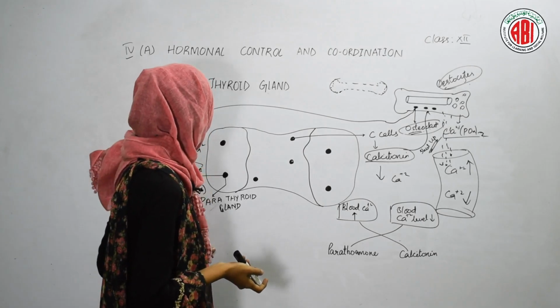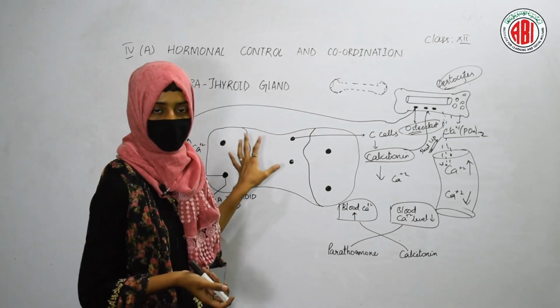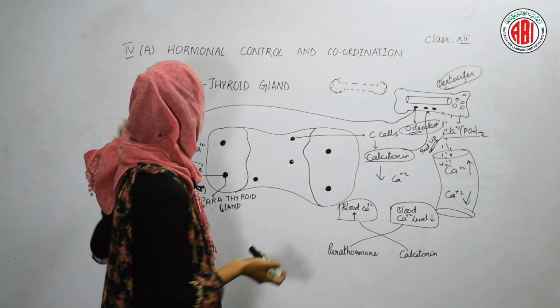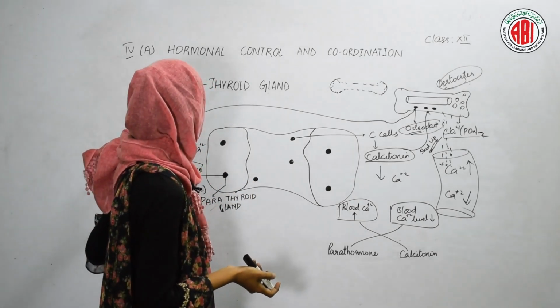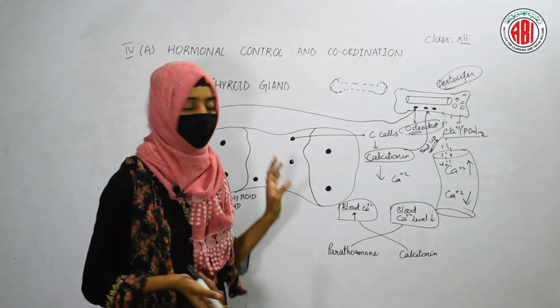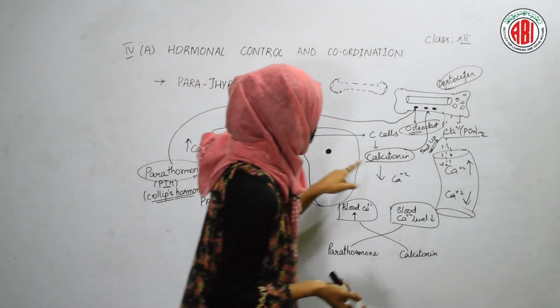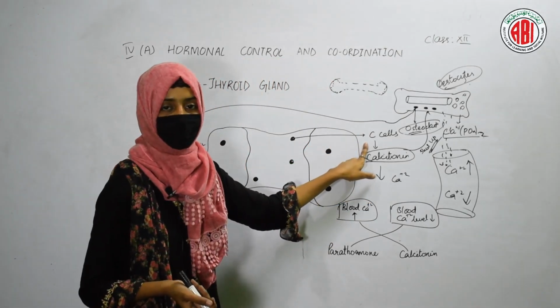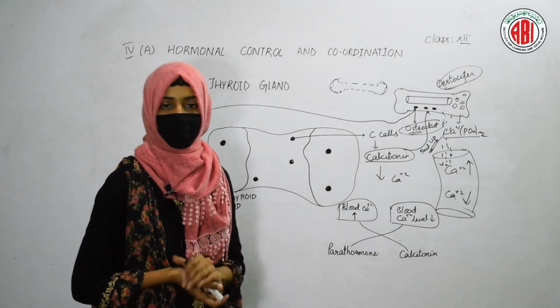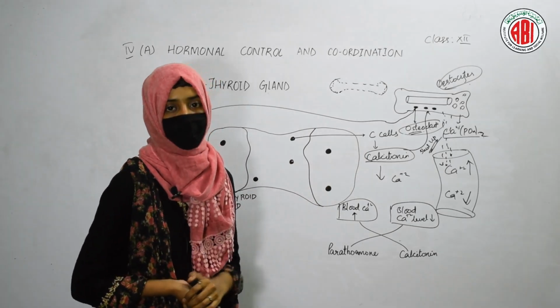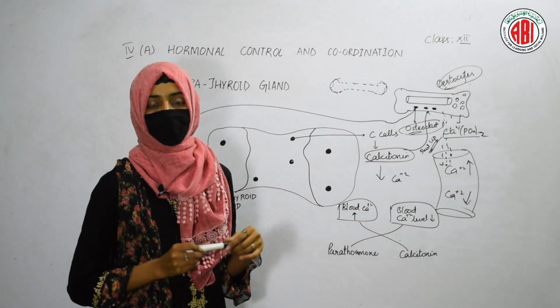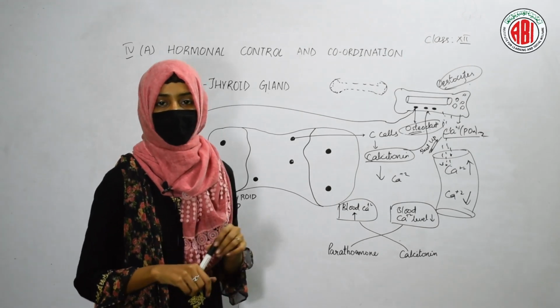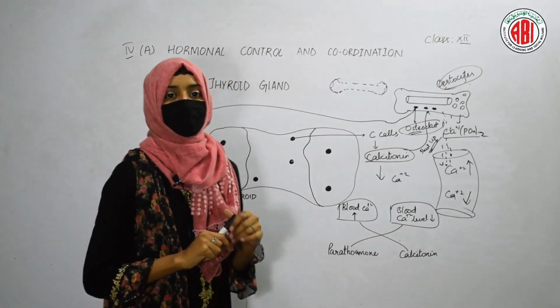Here the parathyroid gland is present at the backside of the thyroid gland, and is responsible for the secretion of a main hormone called parathormone. And here calcitonin is also released by the specialized cells of the thyroid gland, that is, the C cells. All these different kinds of hormones are released in our body to regulate the different substances that are found in our blood.